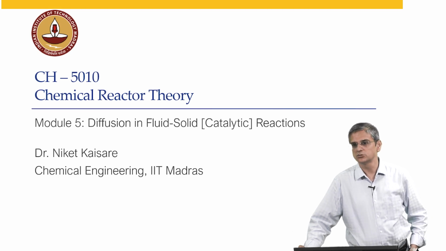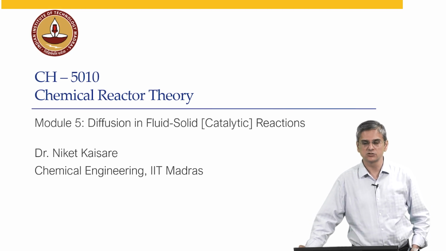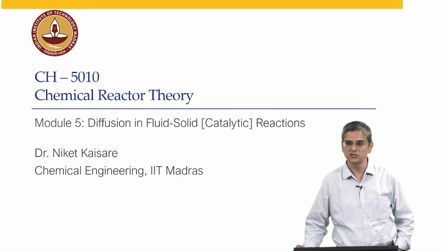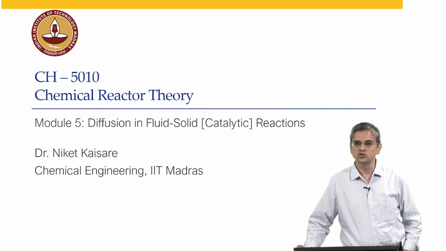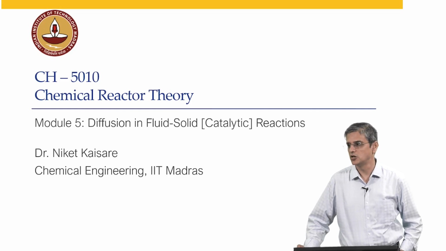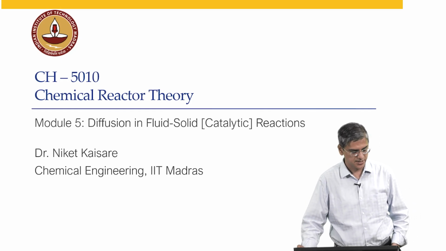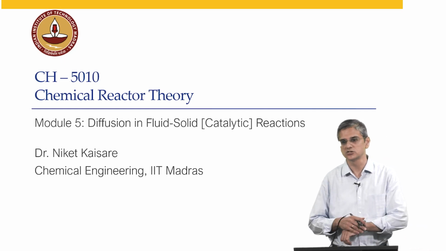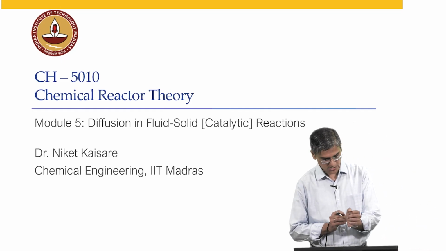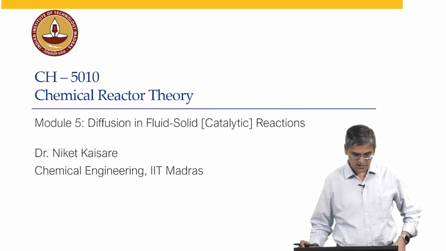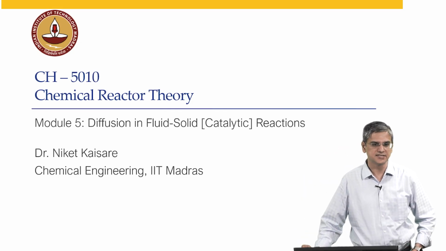So, this is going to be a small part of the entire reaction system often. We are going to zoom in onto that small part, which could be a solid or a liquid or a gas, and then we are going to say what are the processes that are taking place in that particular system. So, that is modules 5, 6 and 7.